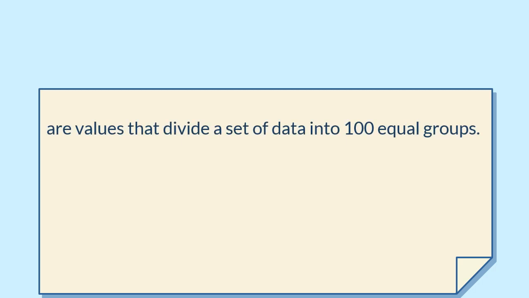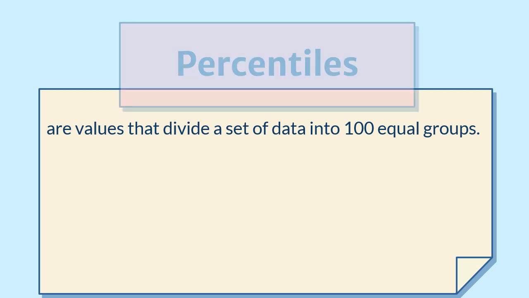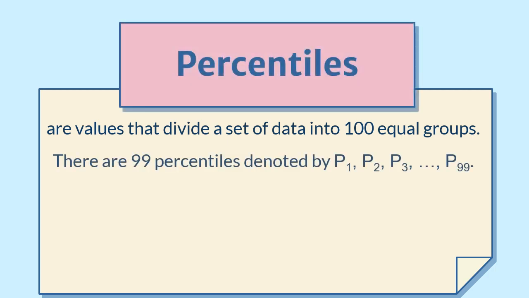What are the values that divide a set of data into 100 equal groups? The answer is percentiles. There are 99 percentiles denoted by P sub 1, P sub 2, P sub 3, up to P sub 99.